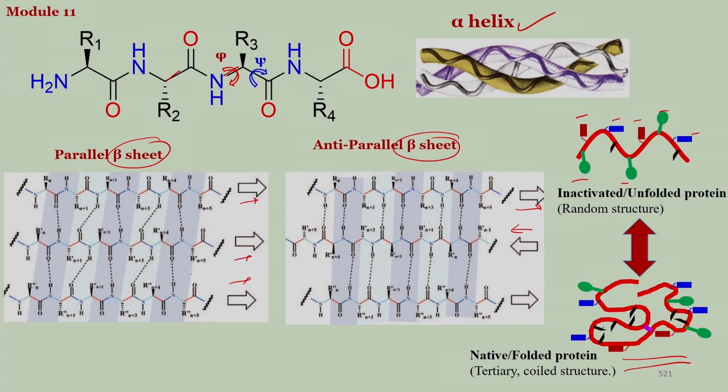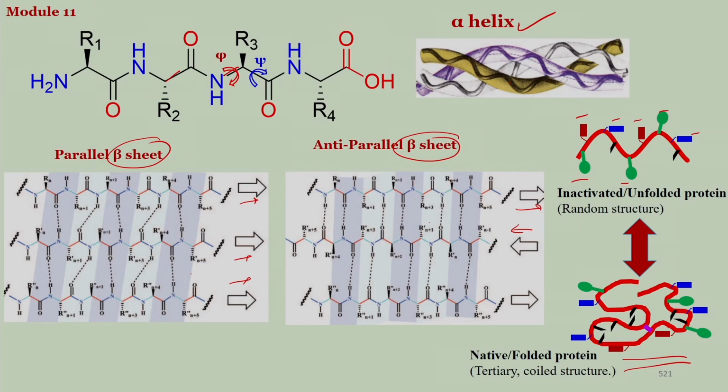As a result it forms a hydrophobic core and a hydrophilic surface. Usually we have seen the interior of the protein is hydrophobic in nature, which does not allow water to come in. The surface of the protein contains all the polar side chains or charged side chains, and those interact with polar solvents such as water or other electrostatic molecules.